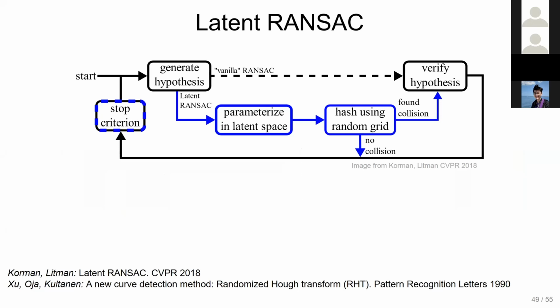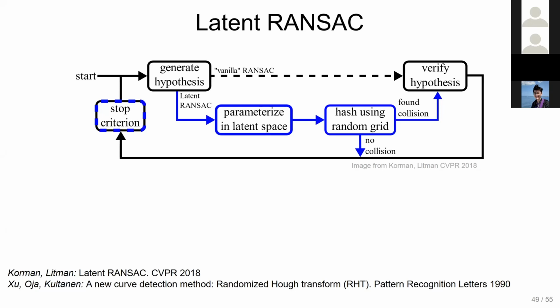So you generate a hypothesis, then you parameterize it in latent space, where if you have 2 similar geometries, 2 similar models, those 2 parameterizations are close. Then you hash this parameterization into some hash table, and if you observe a collision, then you go into verification, and if you do not observe a collision, then you go and generate a new sample. This way, you can actually avoid verification until very late.